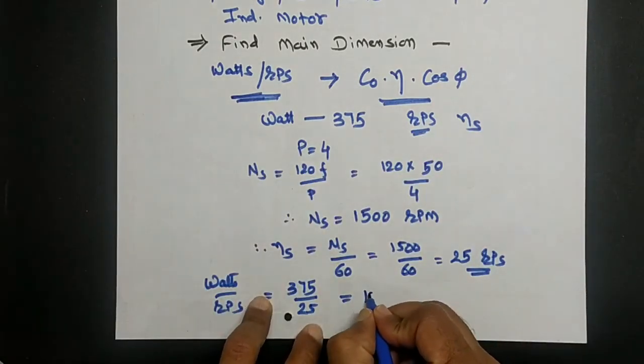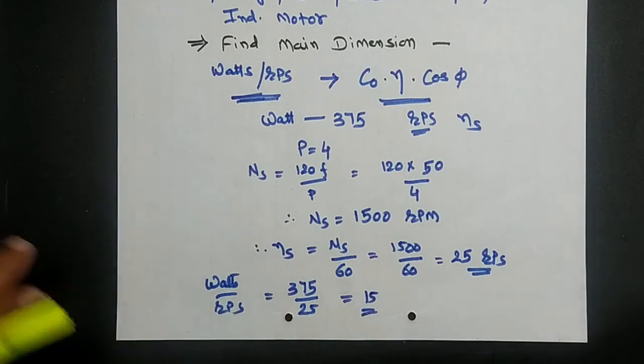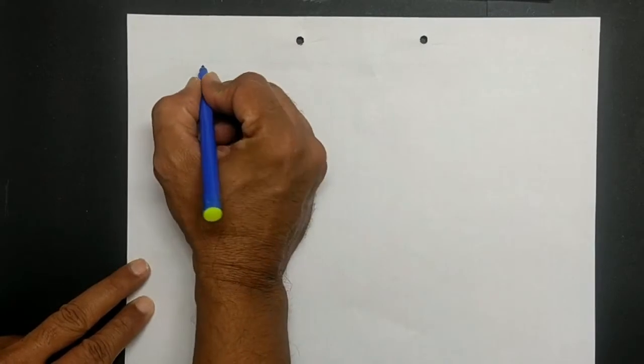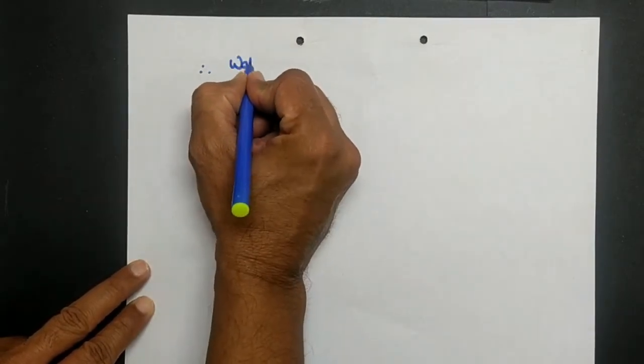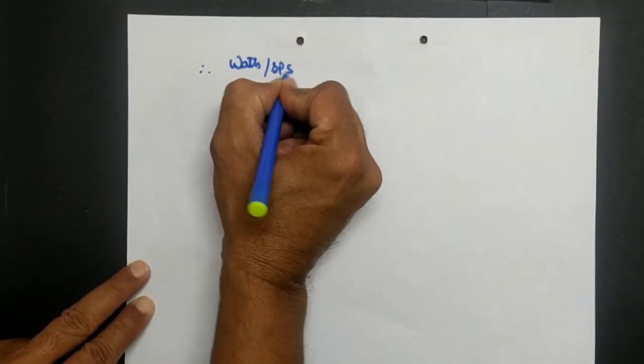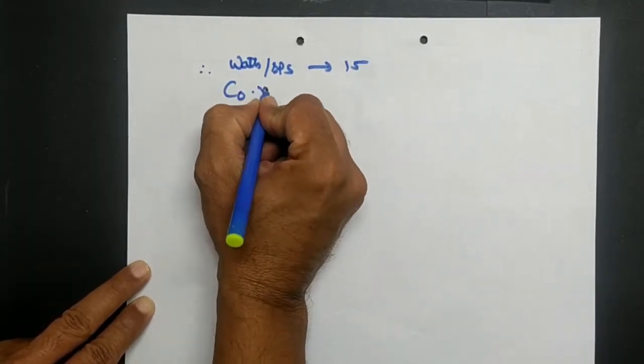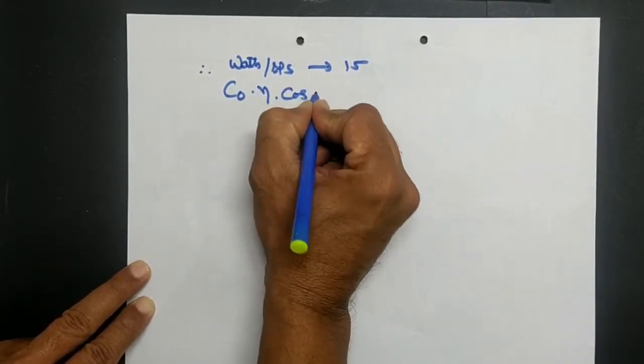So the ratio is now 15. Now we have a standard table, and from the standard table we'll be able to find out the values of C0, efficiency, and cos φ for watts per RPS of 15.